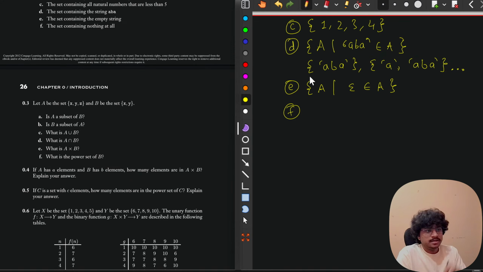It is a set that contains ABA, the literal word, or it is a very big set that contains ABA somewhere. I think both interpretations are correct. Then F part, the set containing nothing at all. Nothing at all, of course. This.